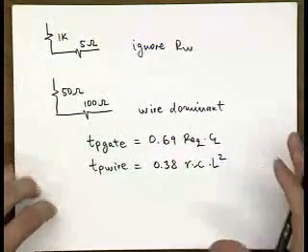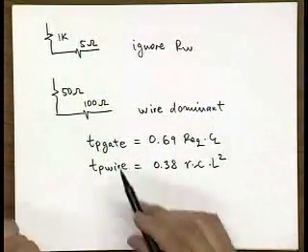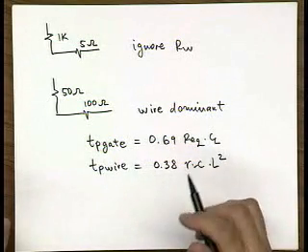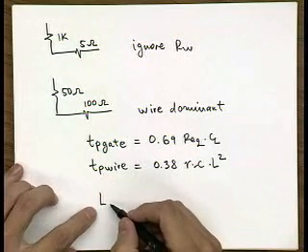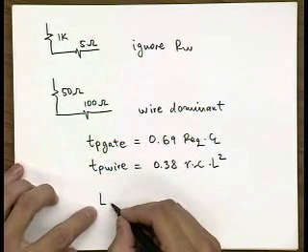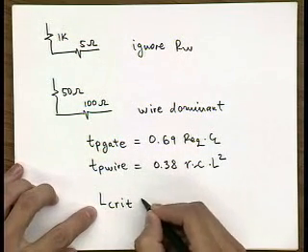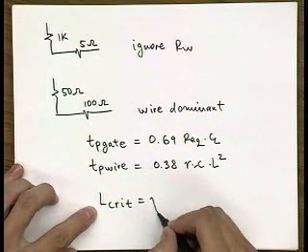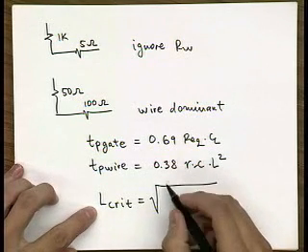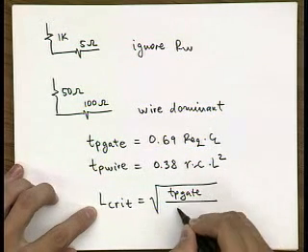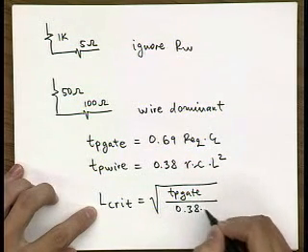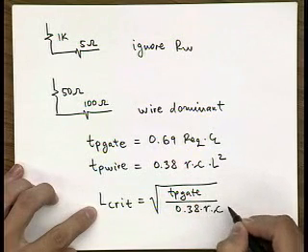Now, it's really interesting to know where these two become equal. That happens when the wire reaches some length that we call the critical length. We define this critical length of a wire as the square root of t_p gate divided by 0.38 RC.